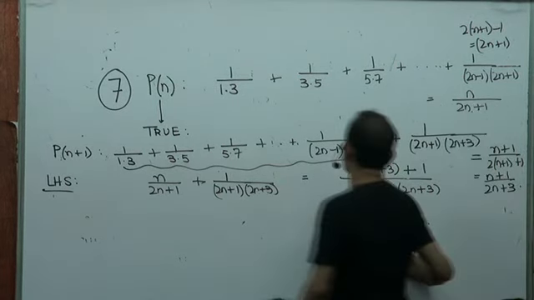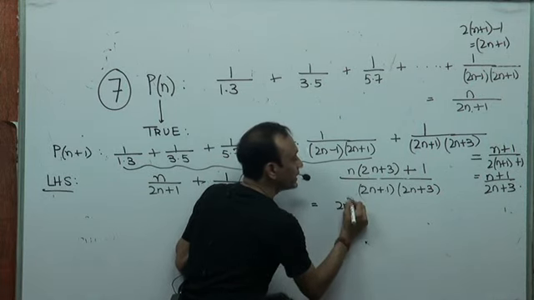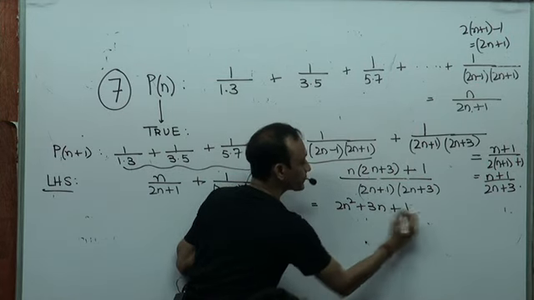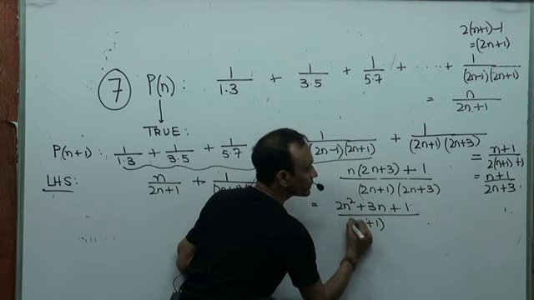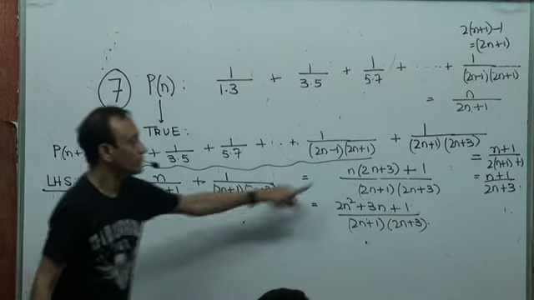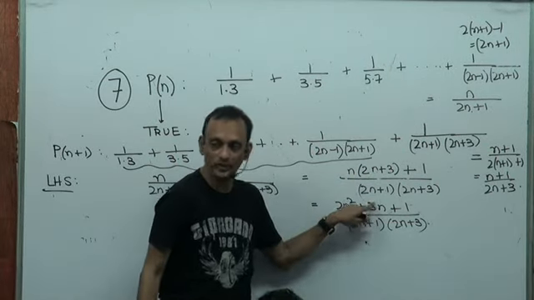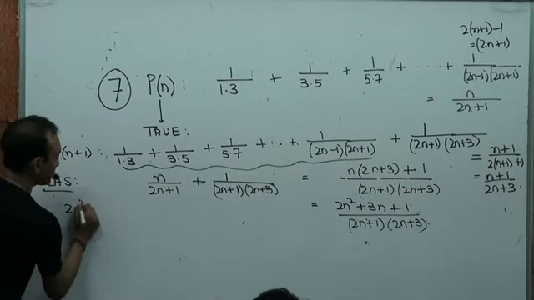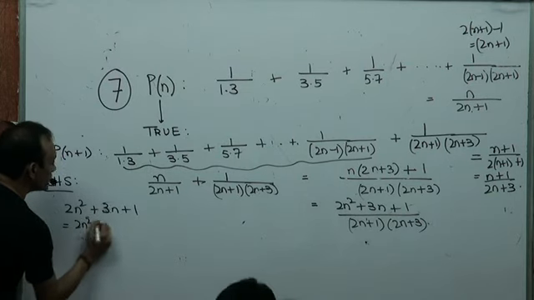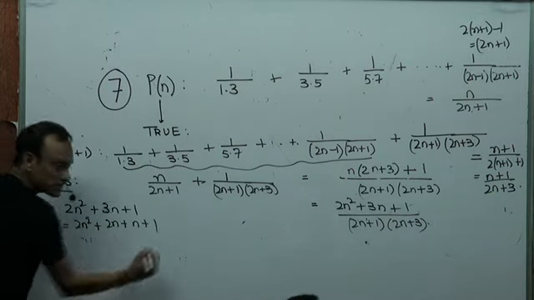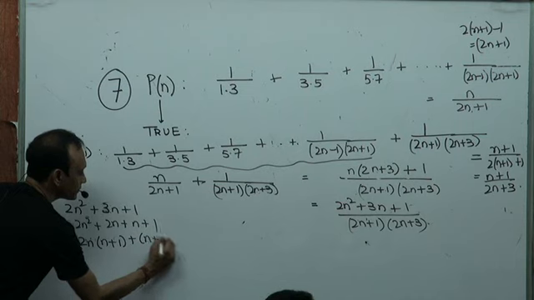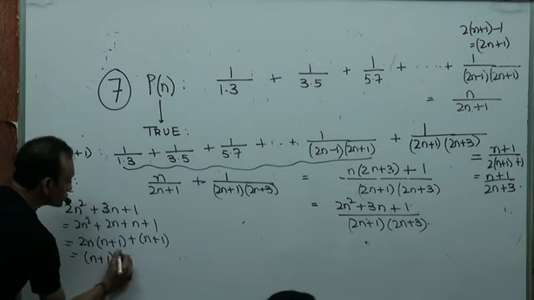Clear? This is 2n squared plus 3n plus 1 divided by 2n plus 1 into 2n plus 3. Yes or no? Right? 2n squared plus 3n plus 1, that's the numerator. Now let's factorize 2n squared plus 3n plus 1. This is 2n squared plus 2n plus n plus 1, which is 2n into n plus 1 plus n plus 1, which is n plus 1 into 2n plus 1.